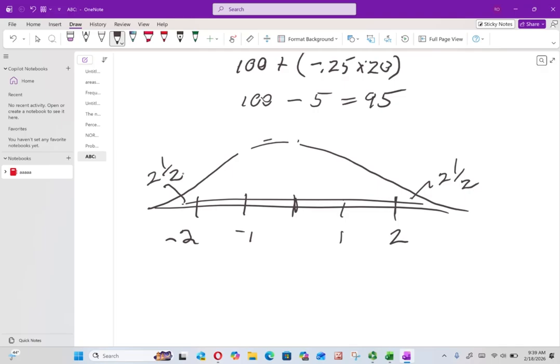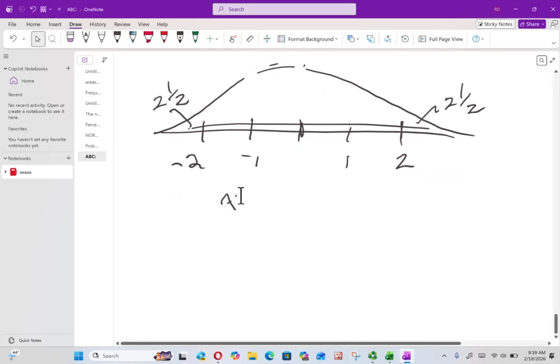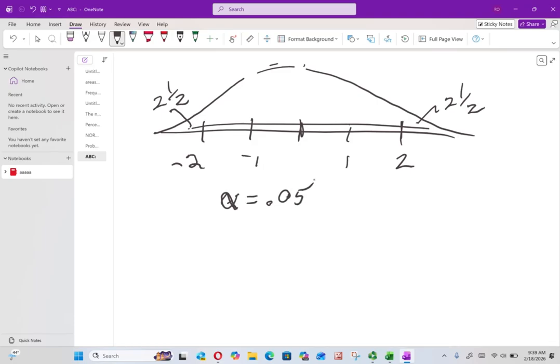This is called an alpha level. And almost inevitably, alpha is equal to 0.05. And this is, you select this. Most people will cut off at 0.05 on either end.